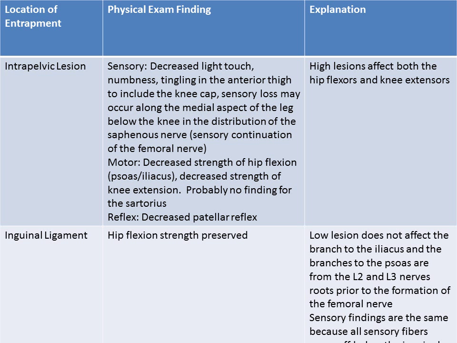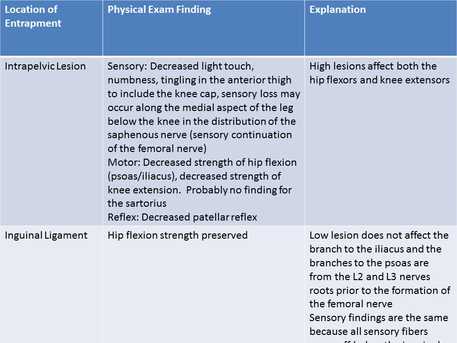With motor findings, we're going to see decreased strength of hip flexion. And depending upon where the lesion is, we may see involvement of the psoas muscle, the iliacus muscle, or both the psoas and the iliacus, because high lesions of the femoral nerve are going to affect the nerve roots, particularly the L2 and L3 nerve roots.